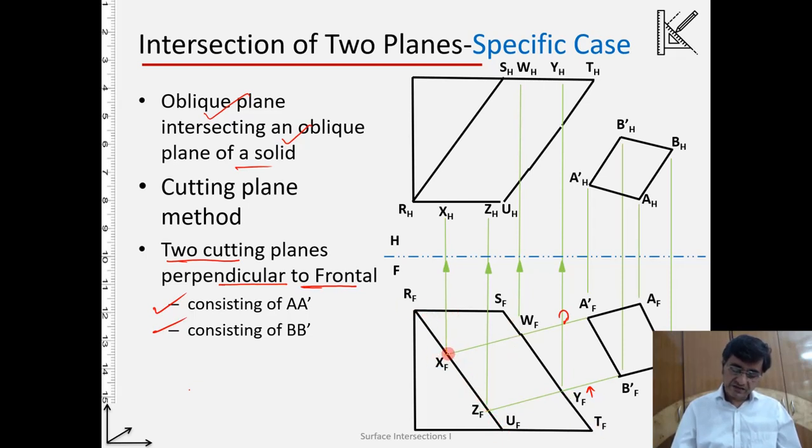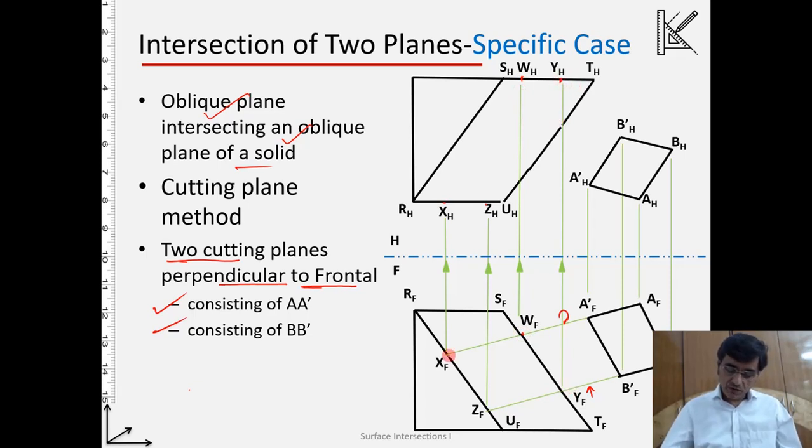So this X, when it is projected onto the horizontal, we can locate its corresponding point where it is intersecting RU. So a point here. Similarly for Z, I have got the point. For W, I have the point, and for Y, we have the point.